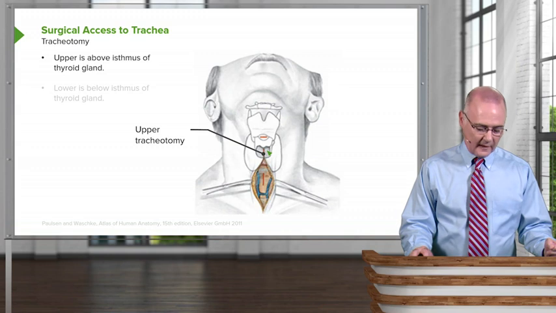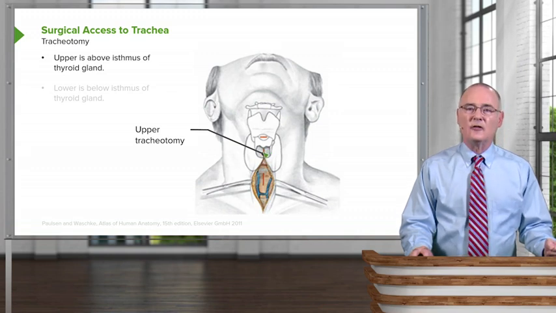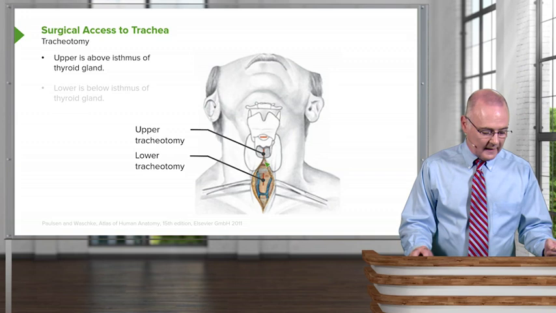And then that will provide surgical access to the trachea in this space. The lower tracheotomy is going to be inferior to the isthmus of the thyroid gland, and you can see the vertical incision of that approach right in through here.